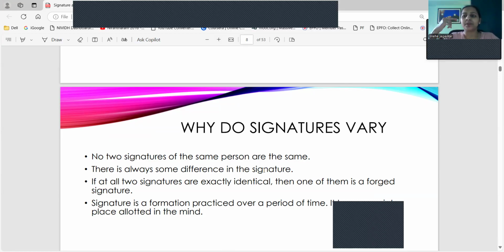Automatically, we are conscious that, okay, now I'm going to do my work. This is the most important thing for which I have come, for which I've traveled this long, right? So our brain automatically becomes completely conscious when we are going to sign a particular document.